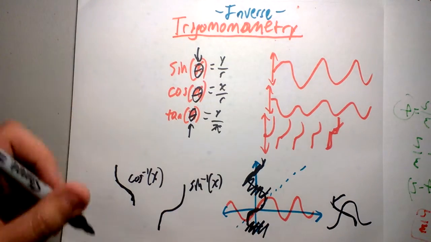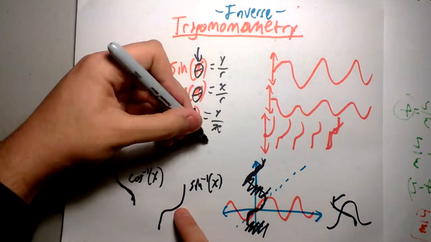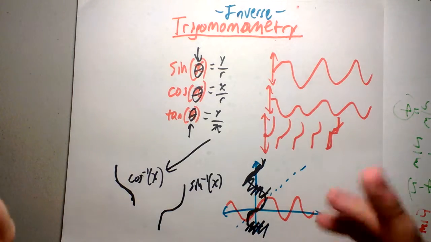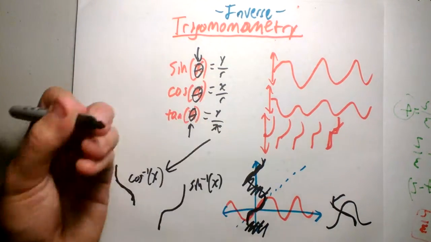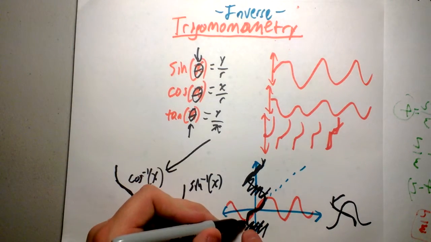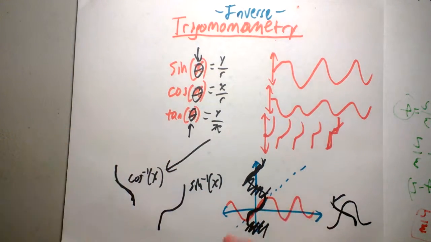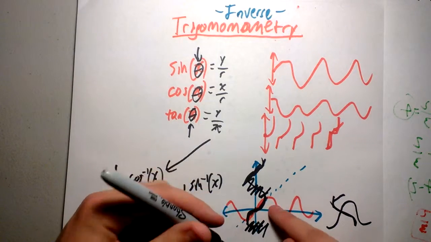So guess what the inverse does? You plug in the ratio and you get one angle. And remember that this angle will be on this line if it's sine, so it'll only give you the first negative angle. It could be any variety of angles based off of that.